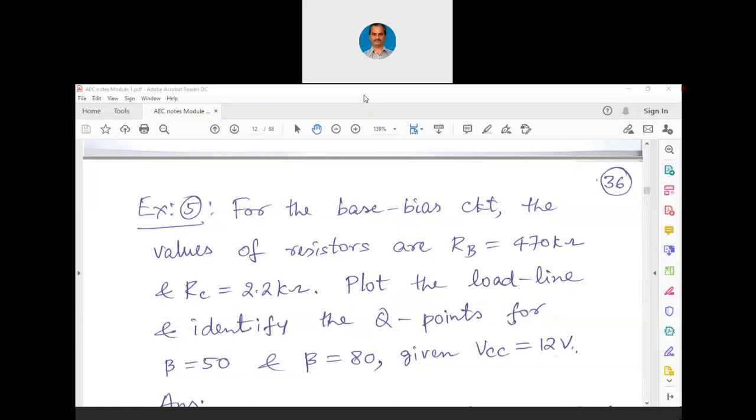You don't have to do it for beta equals 80. Do it only for beta equals 50. I will show you the answers for beta equals 80.